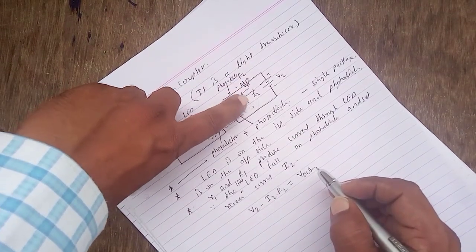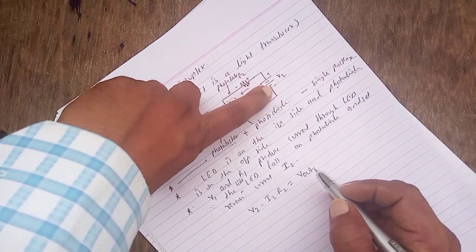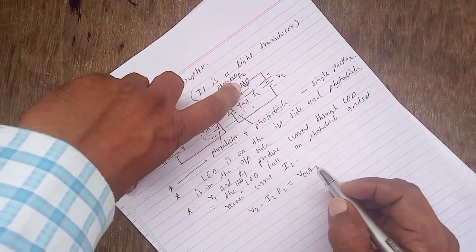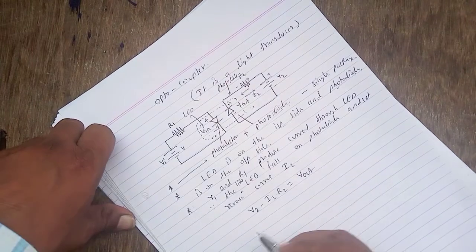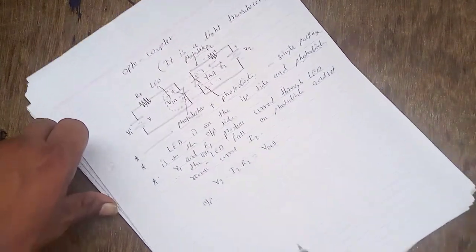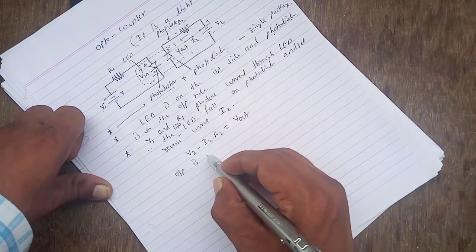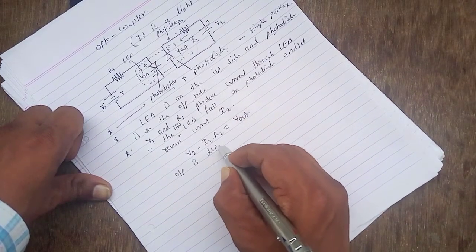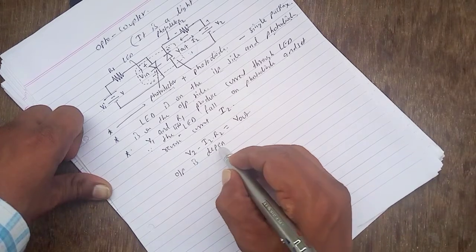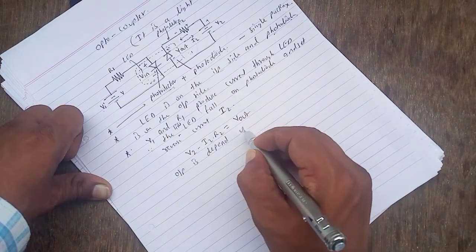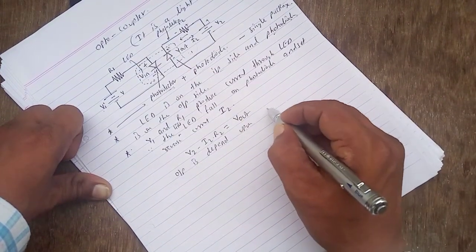At this instant you will get V2 minus I2 into R2. The output depends upon the current I2.